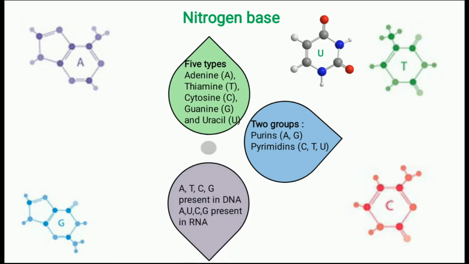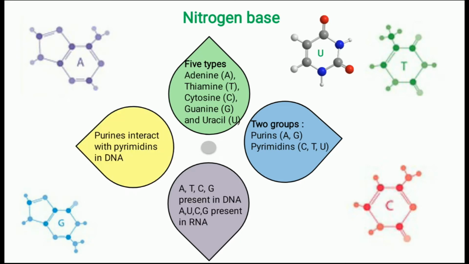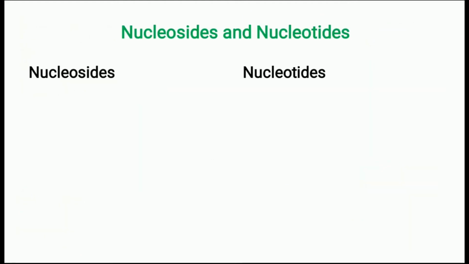Among the 5, A, T, C and G are present in DNA, and A, U, C and G are present in RNA. The purines always interact with pyrimidines in DNA, and the process is called base pairing to form the double helix structure.